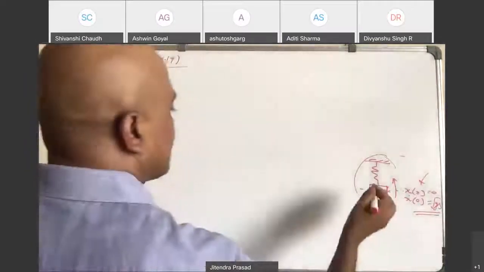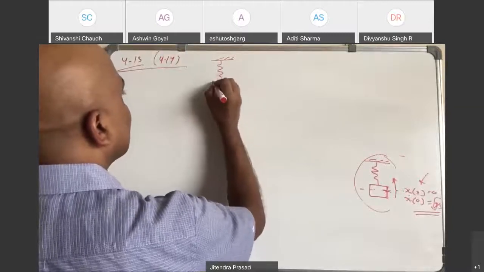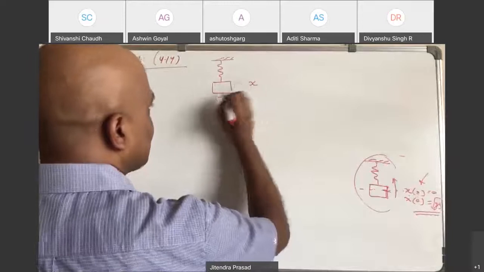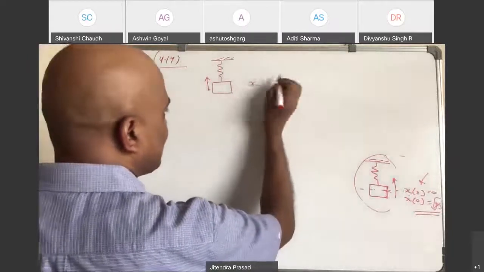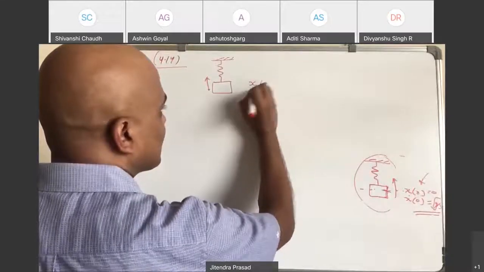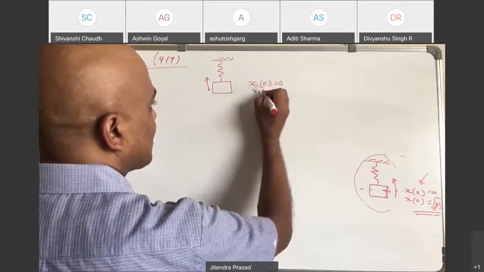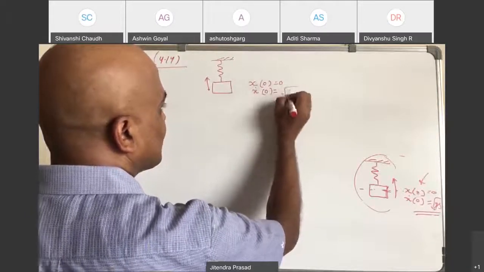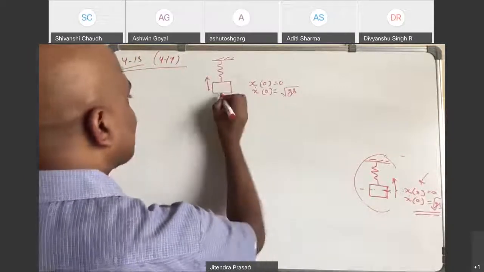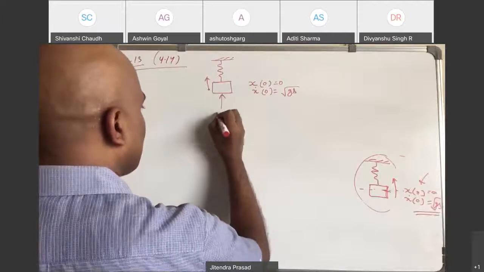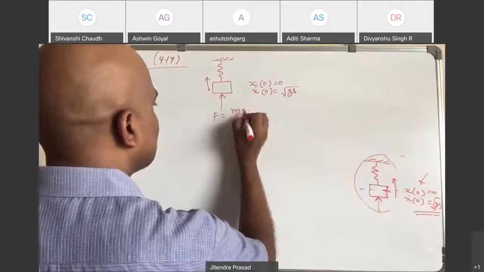Yeah, so now it comes back to this simple problem where x at 0 is given equal to 0, and x dot at 0 is given equal to root gs, going this way up. But one thing more, there will be a force applied which is equal to mg over 2.